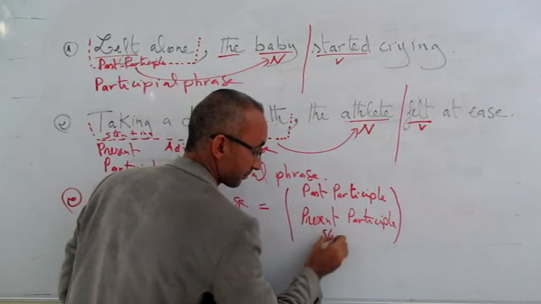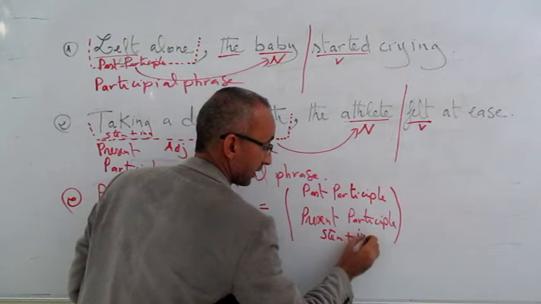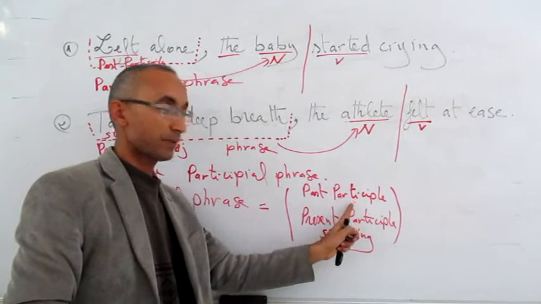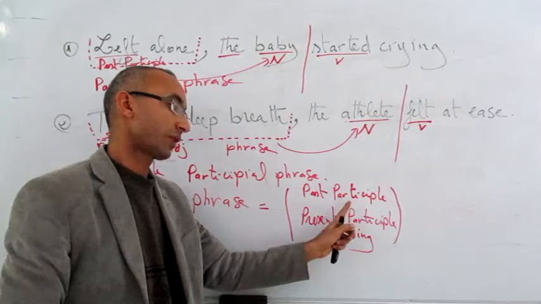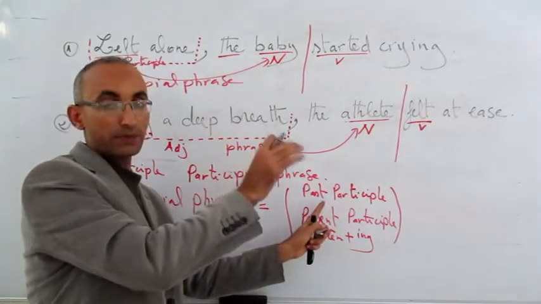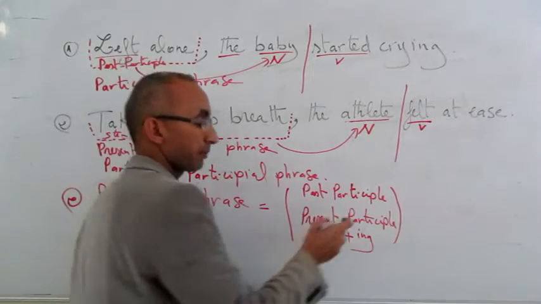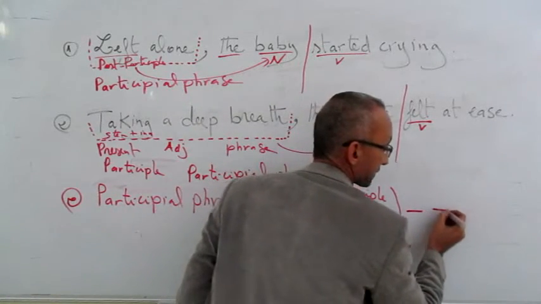Here, it takes the form of stem ing. Here it's always stem plus ed if the verb is regular, and if it is irregular, we choose the verb from the third column of the table of irregular verbs, plus other words in the phrase.